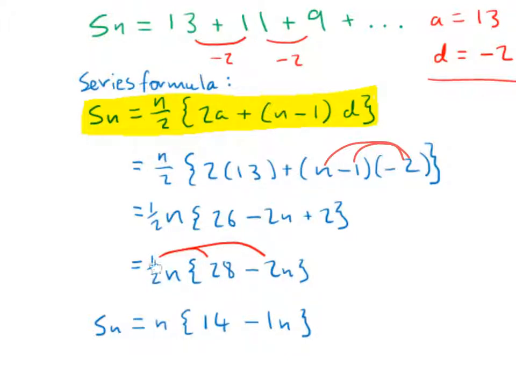So we have a half n multiplied by 28 minus 2n. Next we're going to multiply in the half. A half times 28 is 14, and a half times -2n is -1n. So a half of -2 is -1. And then we just bring this n down in front. So Sn is equal to n times 14 minus 1n.